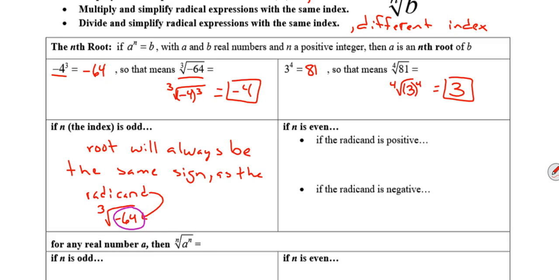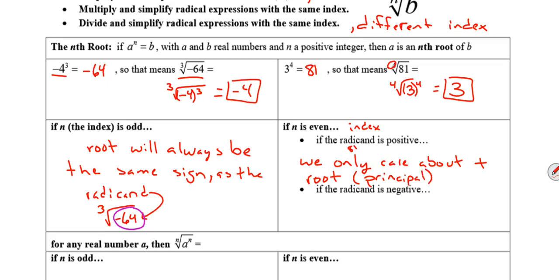Now, a couple of rules here. If n is even, if the index is even, and that's the 4 here, the radicand, which is 81 in this case, is positive. So we're only going to care about the positive root, also known as the principal root.